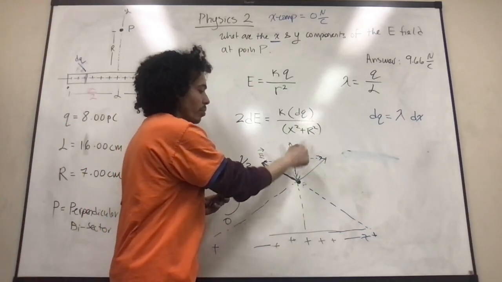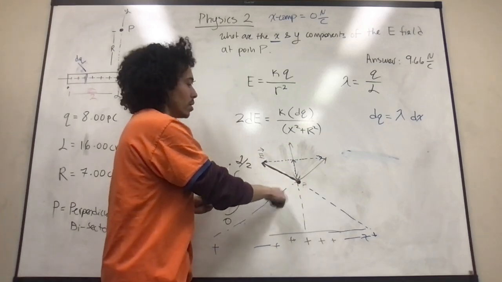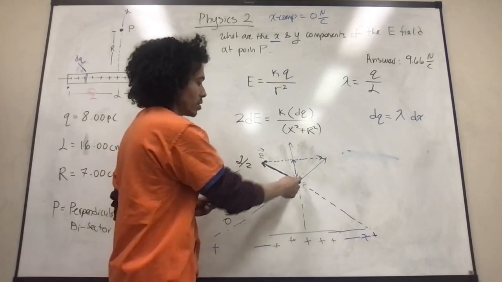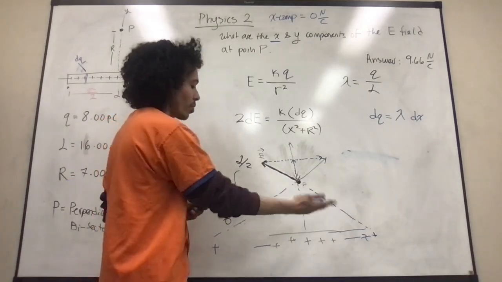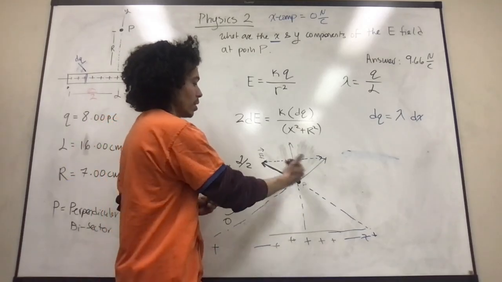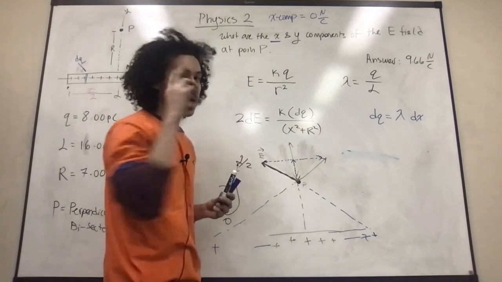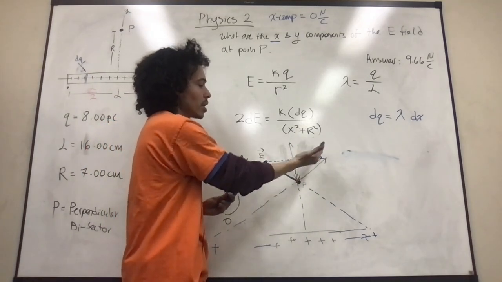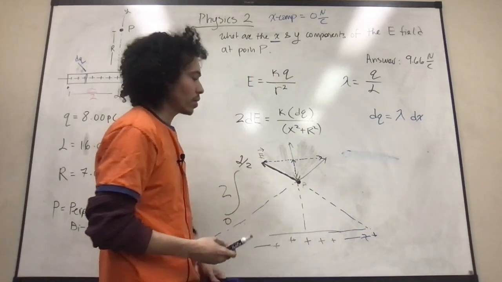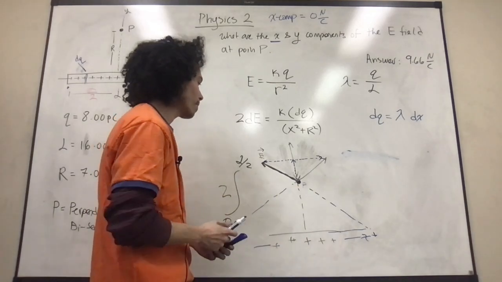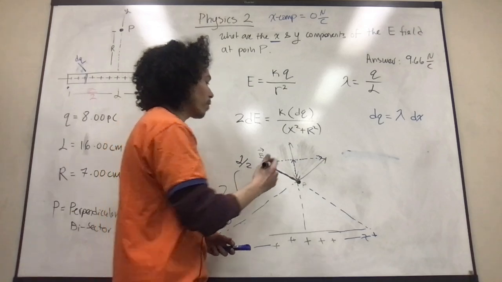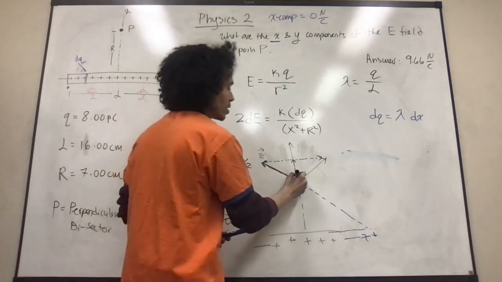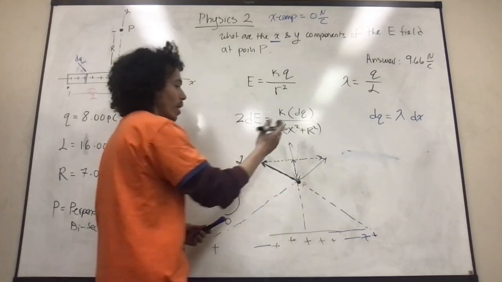This is because the entire rod is positively charged, and the test charge, which is positive, is going to want to go in the opposite direction of the rod. Therefore, we can say that every single y component will add up.